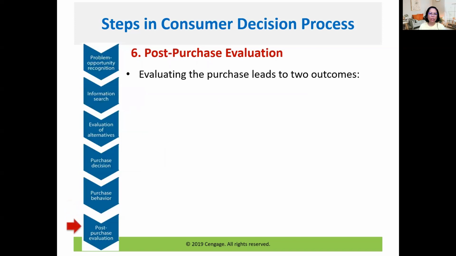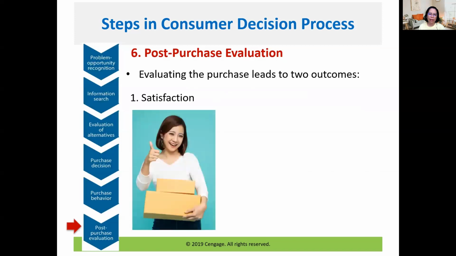The next stage is post-purchase evaluation. This is when John evaluates the purchase, and evaluating the purchase leads to two outcomes. First is satisfaction. Satisfaction is when John got the pizza delivered, ate it, and found it delicious, so hunger solved.